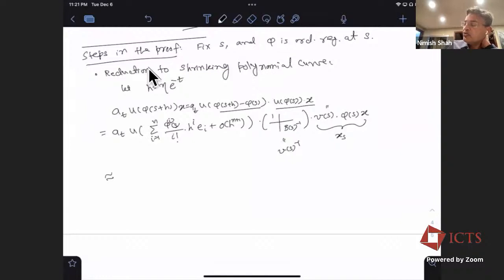And then you do the Taylor expansion here up to order k. Up to order n here, but in the end you will do it up to order k. And then you multiply by V of S inverse here, and then Vs here, and phi S X here. All of it together you call phi of S.